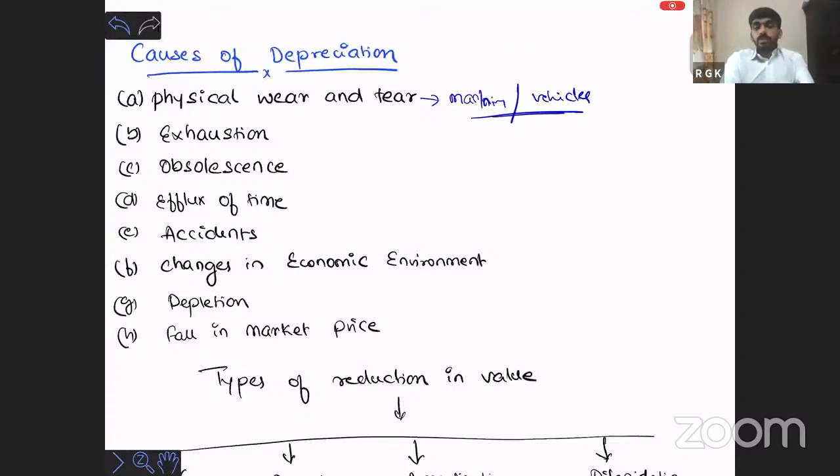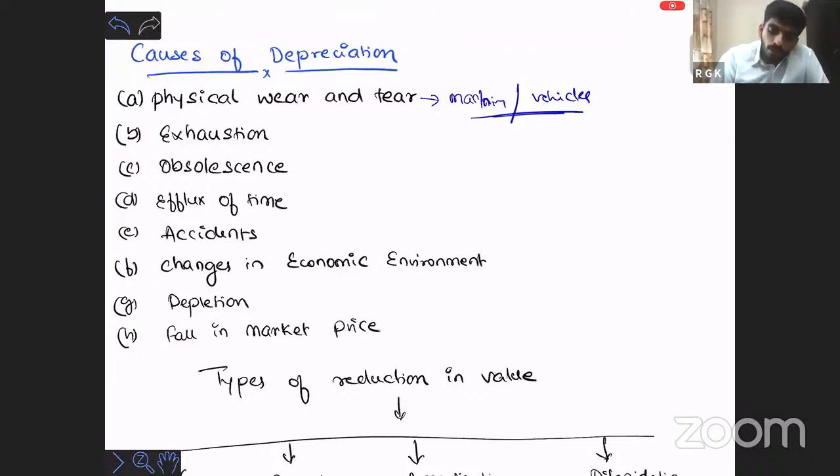Next one, exhaustion. For understanding exhaustion, you should see from a different perspective, because exhaustion normally applies to oil fields, coal mines or stone quarries. How do they function? How are they considered as assets?